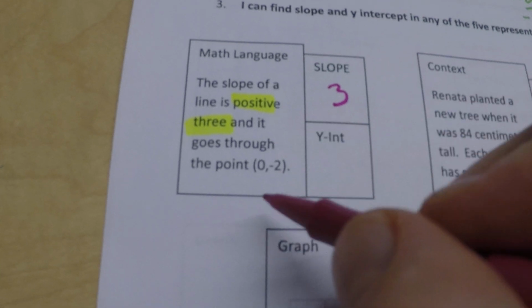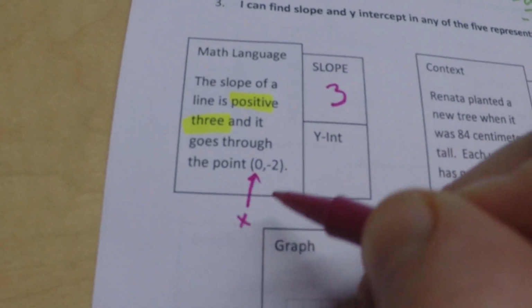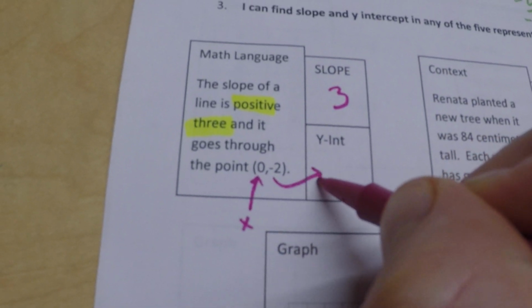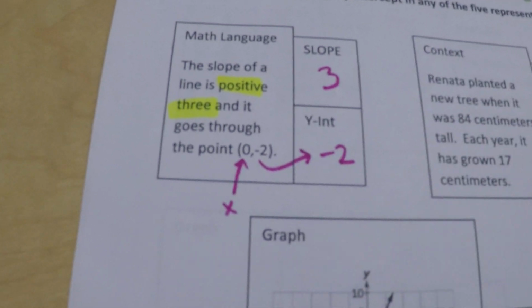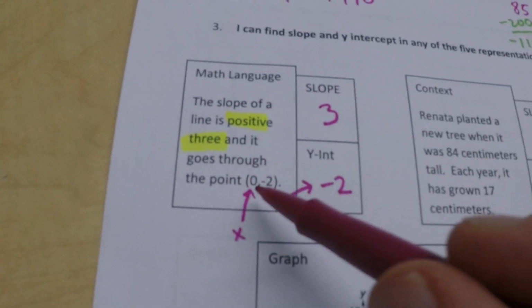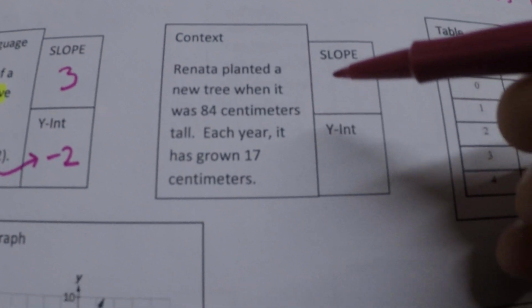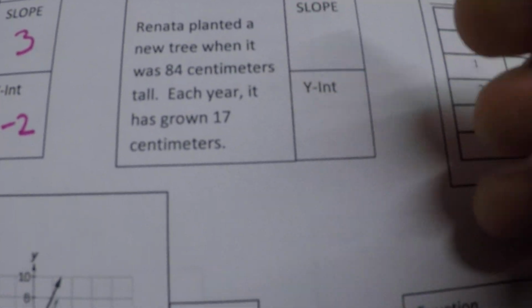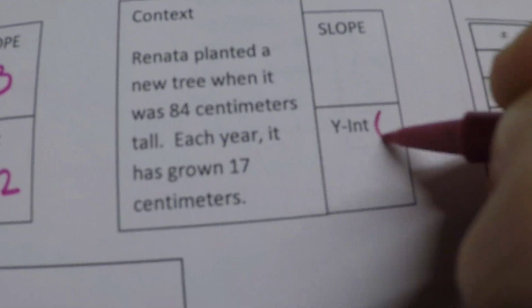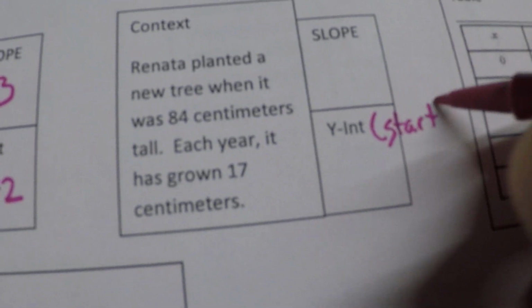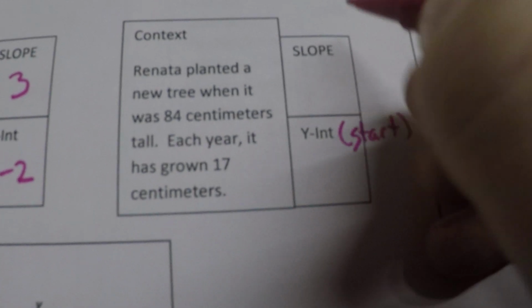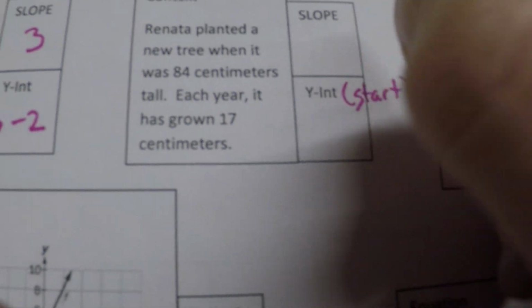The y-intercept is any time that the x is 0, the other number is your y-intercept, because it goes through that point. 0, negative 2 is the y-intercept. For this one, remember that the y-intercept is our start, and the slope is your rate of change.